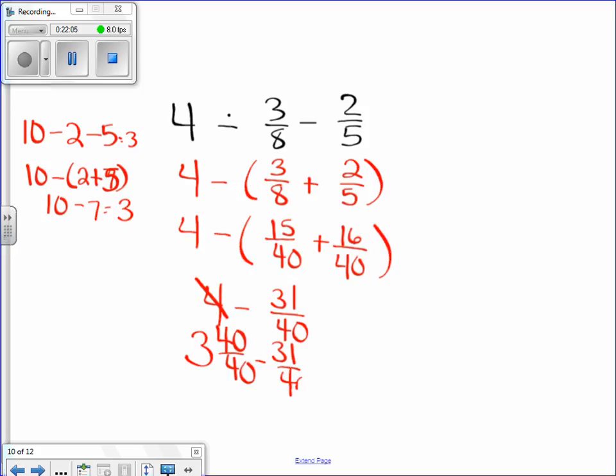Now I can subtract 40 minus 31. 9, with my whole number 3. So 3 and 9/40. It's a lot easier just to combine in the back, and you're only subtracting one thing.